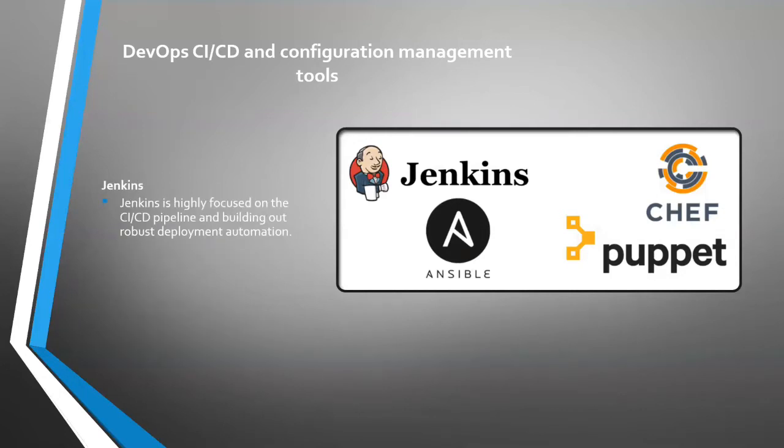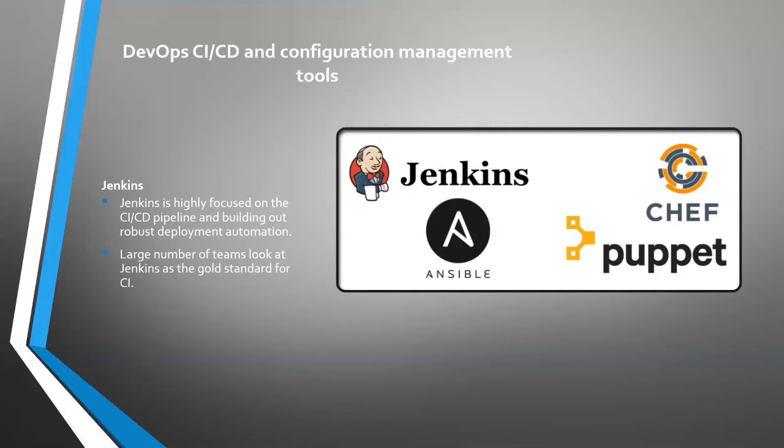Jenkins. While Ansible focuses a lot on automation and ease of use for configuration management, Jenkins is highly focused on the CI/CD pipeline and building out robust deployment automation. Both Ansible and Jenkins are open source automation servers and can be used for reliable CI/CD pipelines, app deployments, and configuration management.